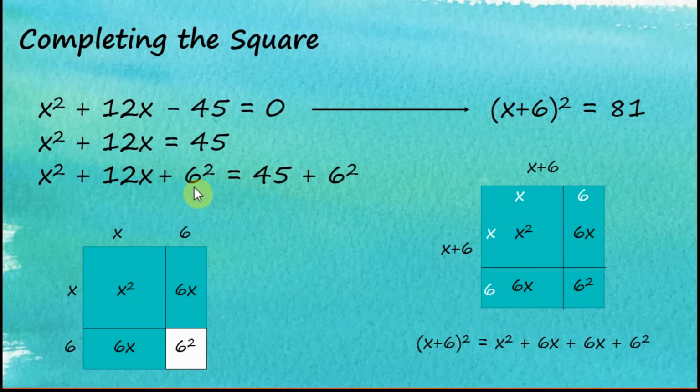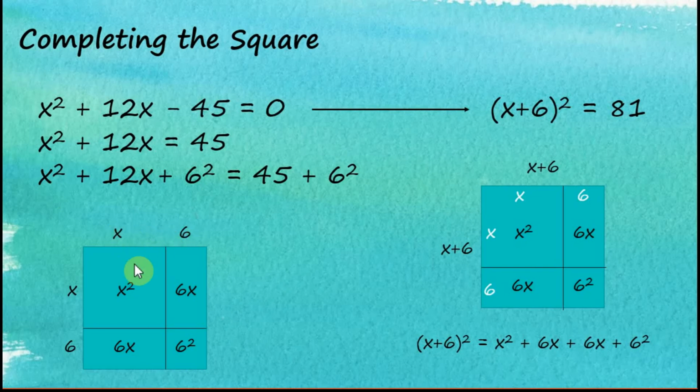Now after adding this 6 squared into these 2 terms, the square becomes complete, and that's why this is called completing the square. So we add a missing part into the square to make the square complete. Once we have this, straight away we can tell that this expression can be written as (x plus 6) squared, right?